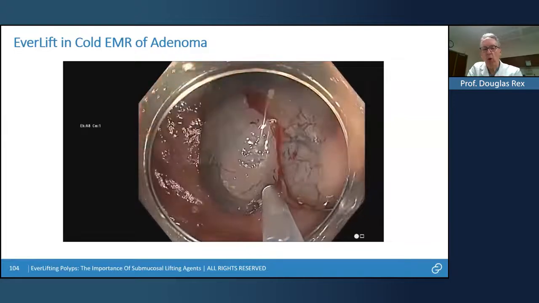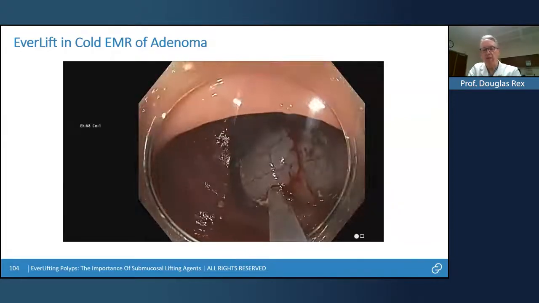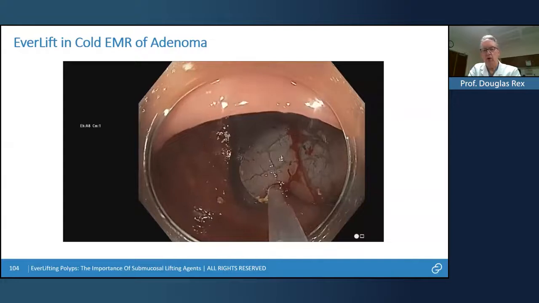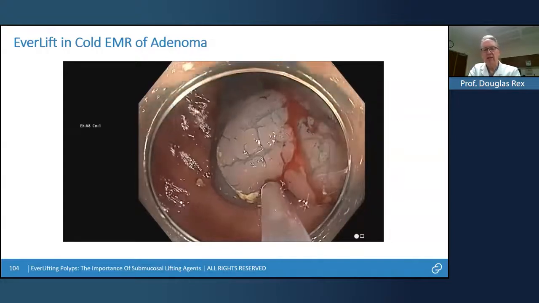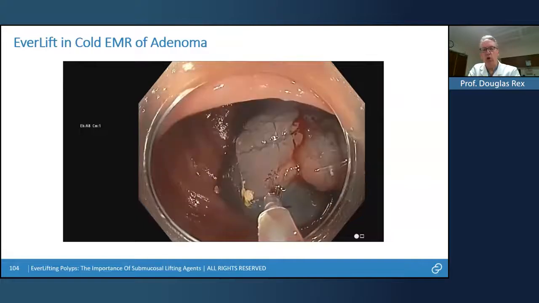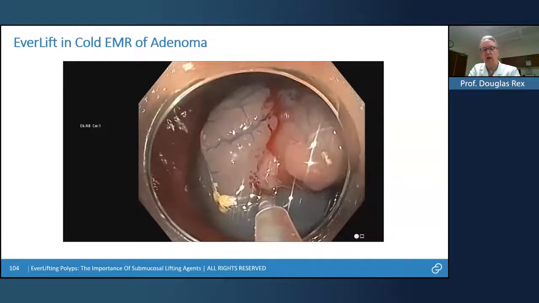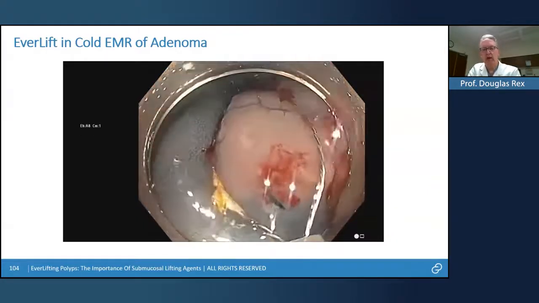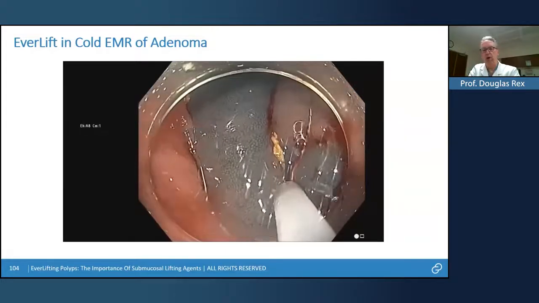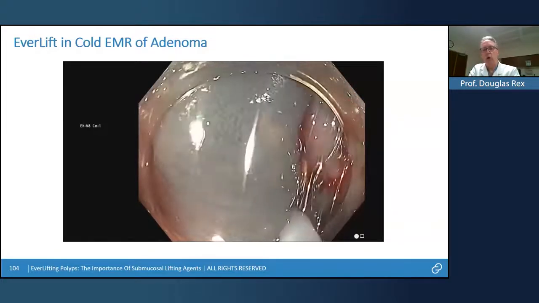When we start doing cold EMR of adenomas, we are seeing in the literature that the recurrence rate is higher. So that's the downside of cold EMR for large adenomas, a higher recurrence rate. There are 2 randomized controlled trials that I'm aware of right now going on in the world comparing hot EMR to cold EMR.